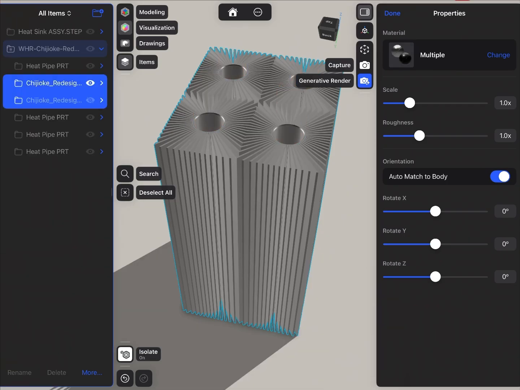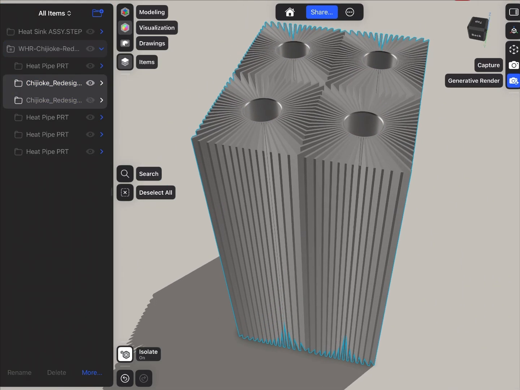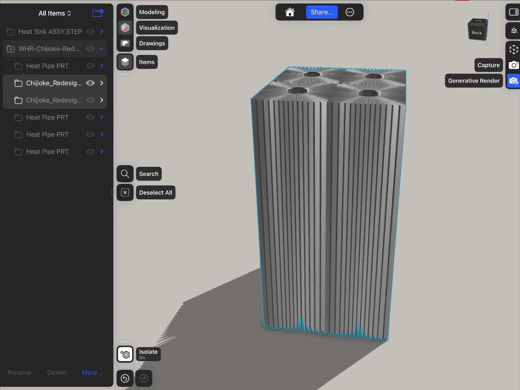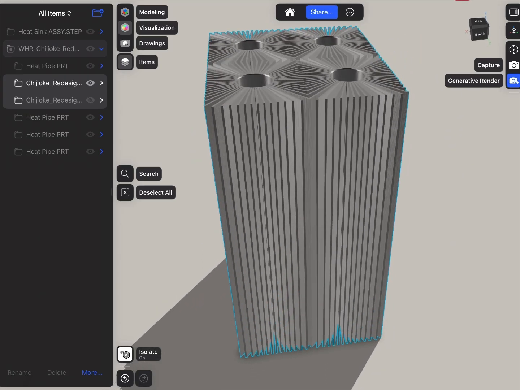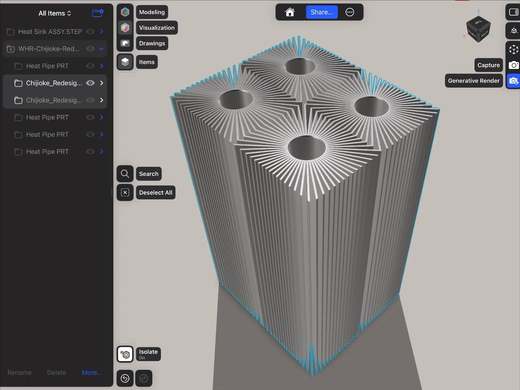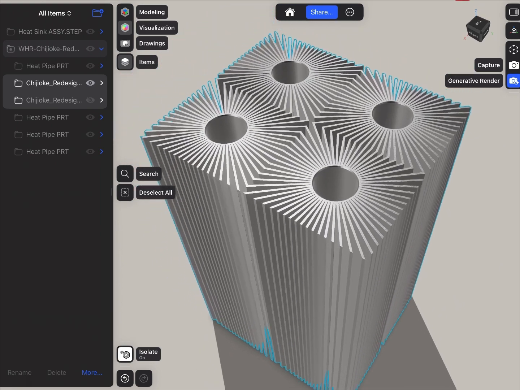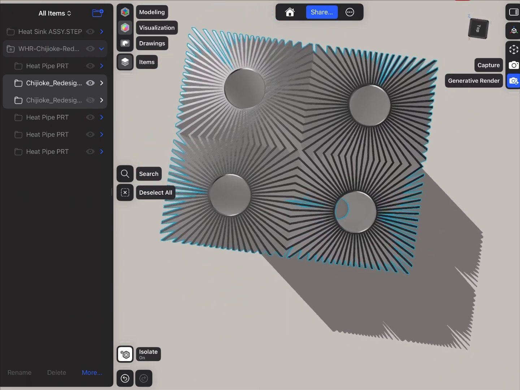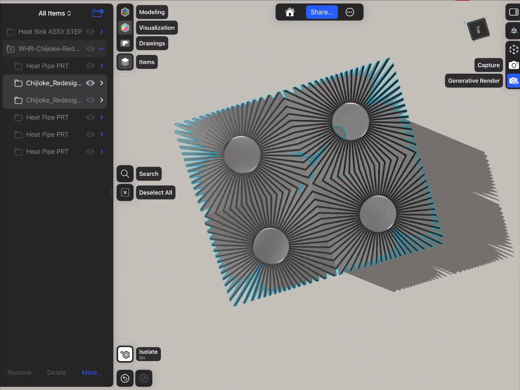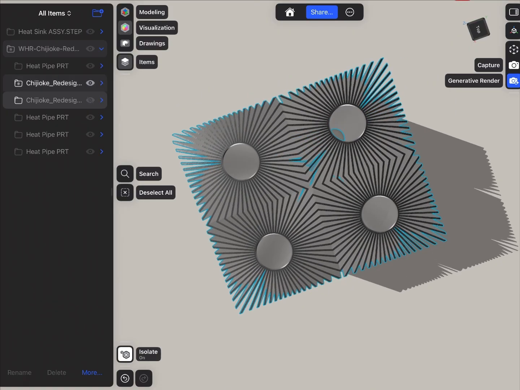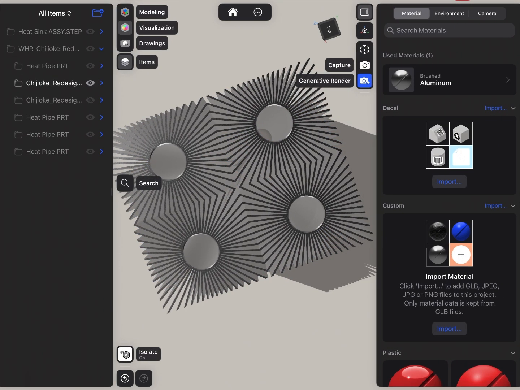I can isolate it. So this is the fin block made of extruded aluminum. As you can see, it's a one-piece fin block.